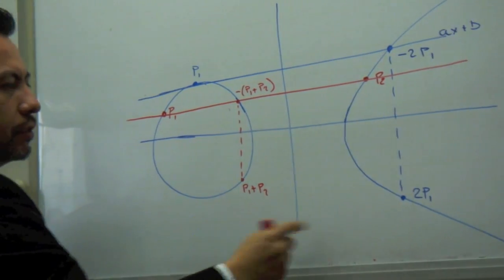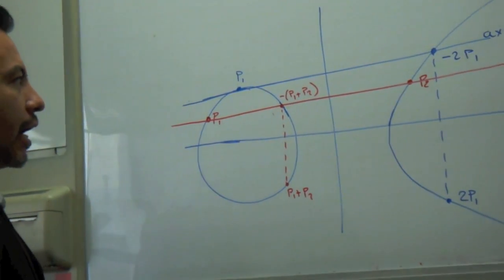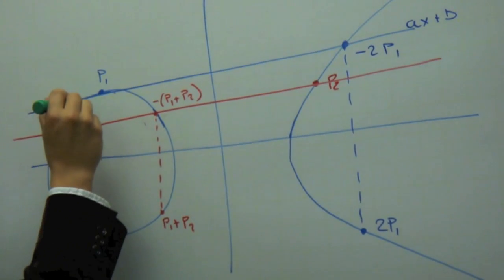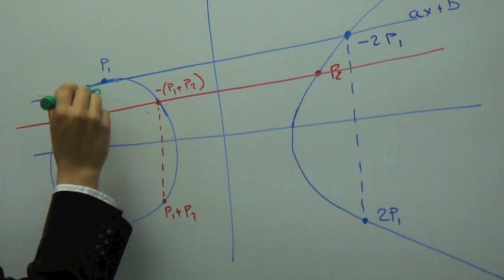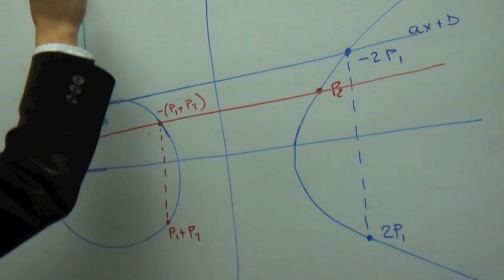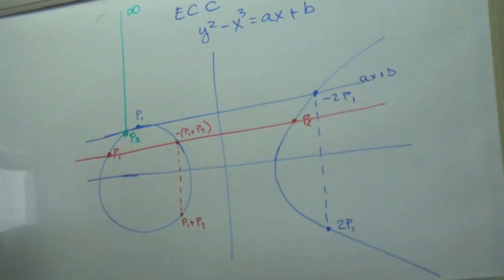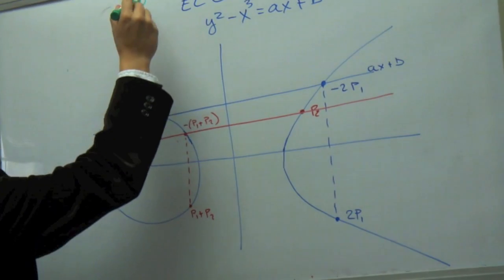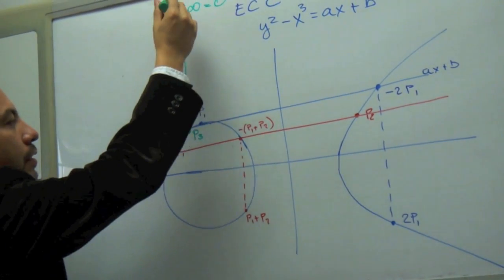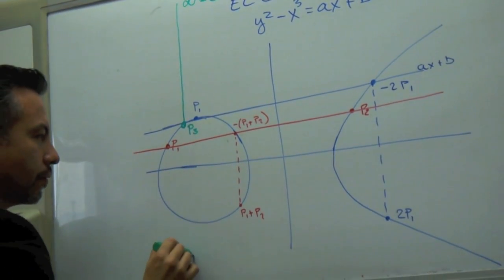This is P1 plus P2, this is 2P1. Now, adding a point to the infinity. Adding a point will have another point right here. I will call this point P3. And then I will add the infinity. So I go to the infinity, but because the infinity is very special, the infinity is equal to the point at infinity or 0. So it's going to go all the way down, right?